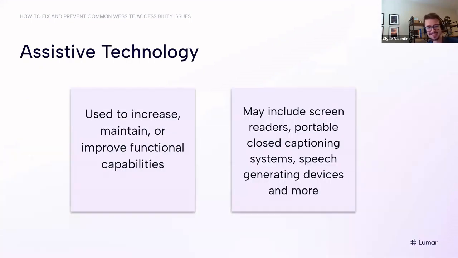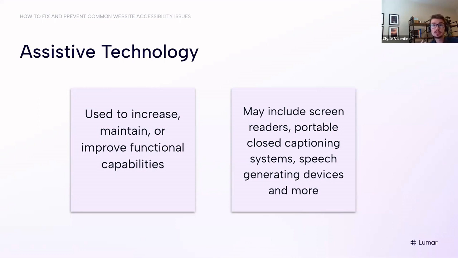These are going to be very quick slides, by the way, but as well, thinking about these different limitations that people experience, people will use different assistive technologies to support them. Assistive technology is really any technology that is used to maintain, increase, or improve functional capabilities. There are many different types.